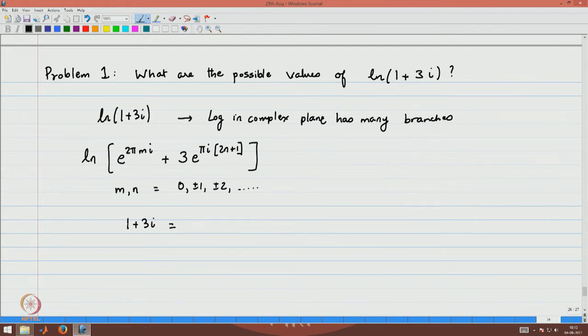I will write it as the square root of 10, that is 1 plus 9, times e to the i theta, where theta is tan inverse of 3. So, I can also write this as square root of 10 e to the i times (tan inverse 3 plus 2 n pi).